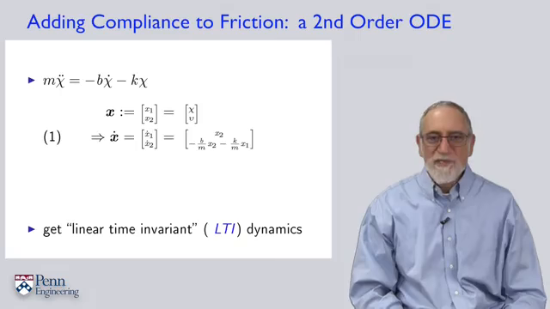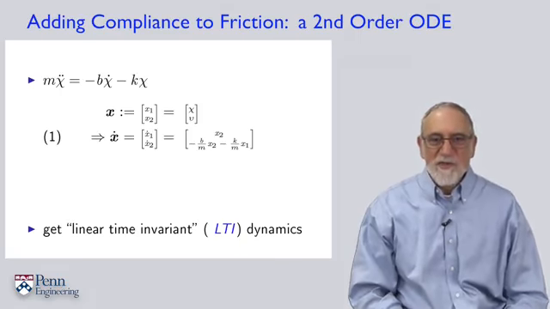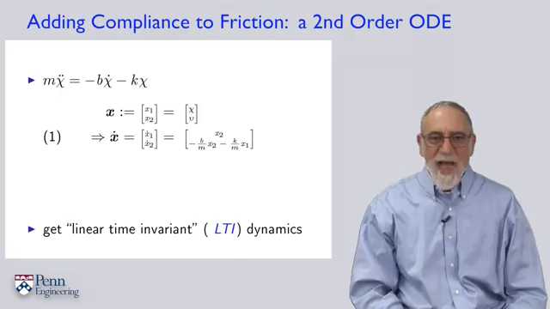How come? Because d by dt of chi is just v. When we write down the derivative of x2, we get back the differential equation. Namely, we have to go back to the differential equation to realize that chi double dot is the right-hand side of the original ODE divided by m, and that's what's been written here.